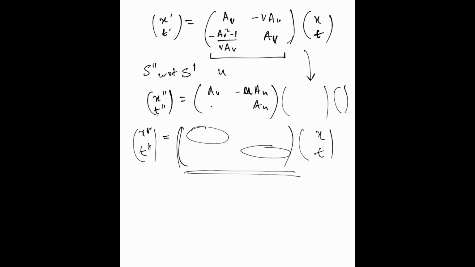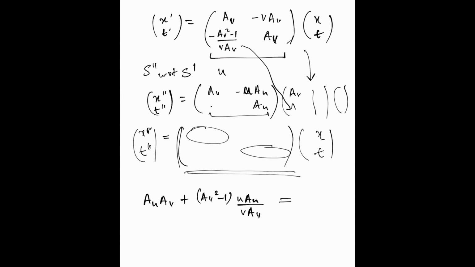So let's just explicitly calculate the first term and the last term. Here it was AV and this big term here. So the first term actually is AU AV plus (AV square minus 1) times U AU by V AV. All right. And the last term here is actually this times that.